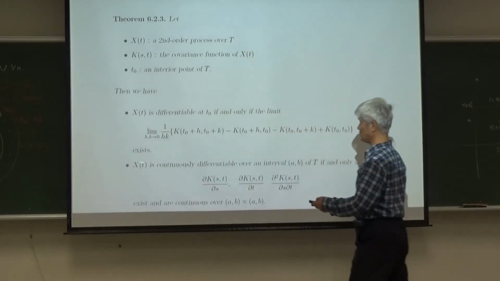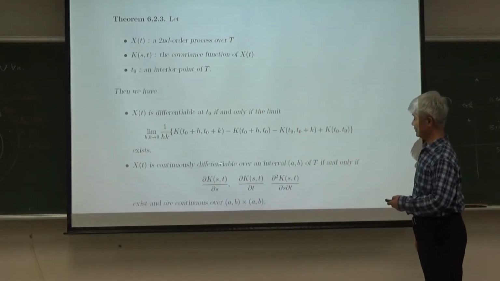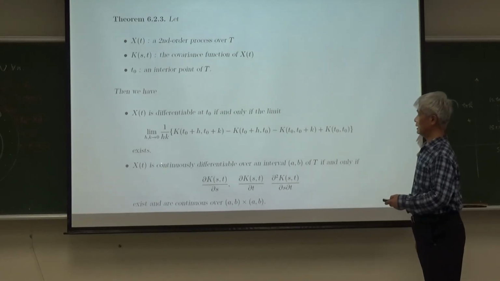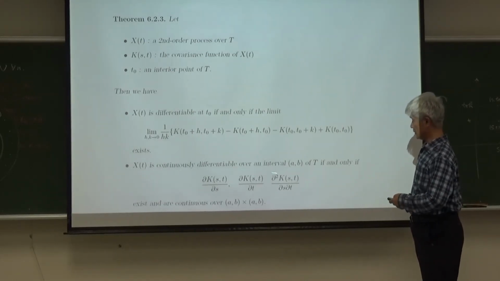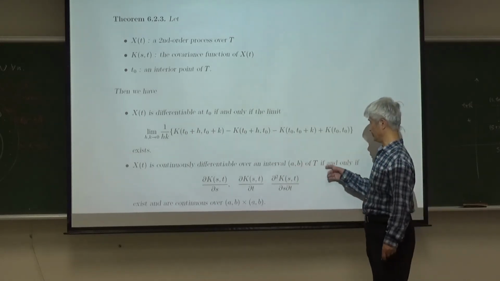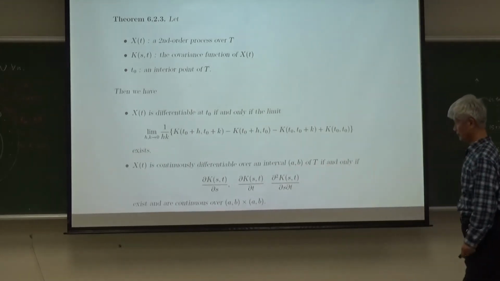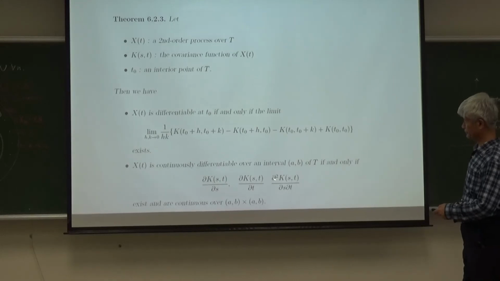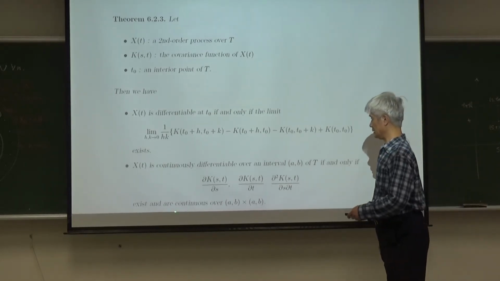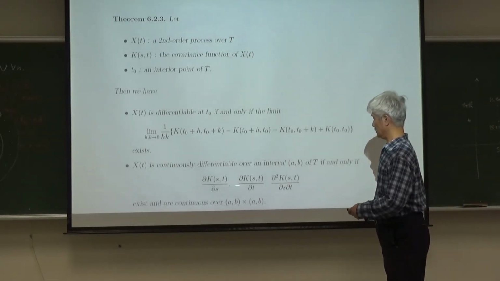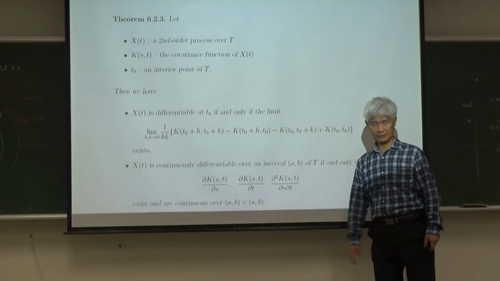Right, so x of t is continuously differentiable if its derivative function is continuous. So now x of t is continuously differentiable over an open interval if and only if the covariance function has partial derivative which exists and is continuous over this square.